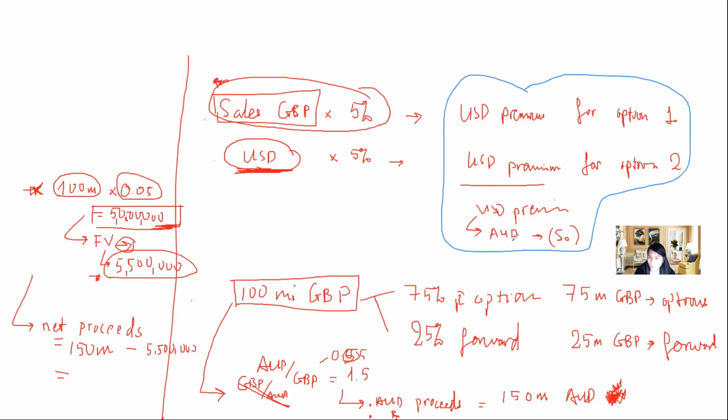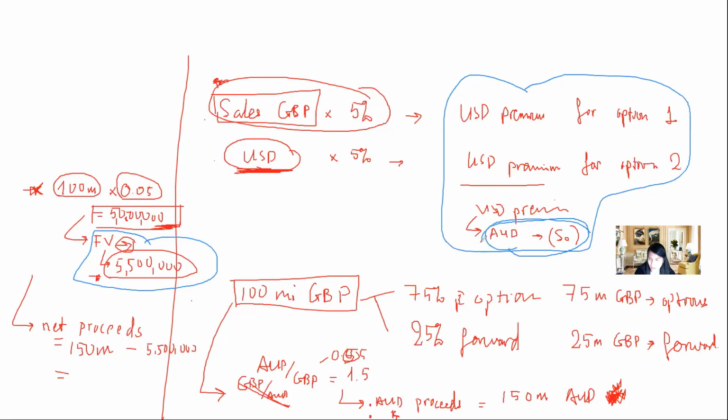Assuming you have come up to here, which is the total AUD value of your option premium, the next step is to find the future value of the option premium at the current Australian interest rate.